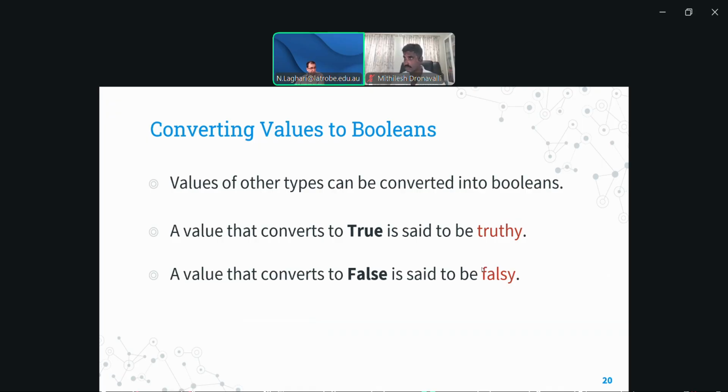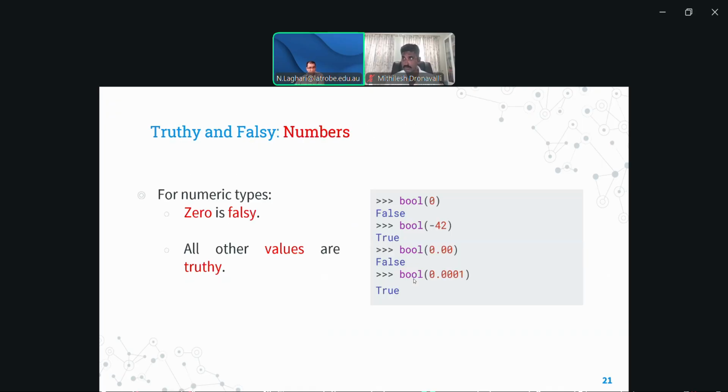So far, any questions or any confusions? Okay, no questions. Could you give an example of how you convert to a truthy? How could you convert an integer? That's what we are going to do now.